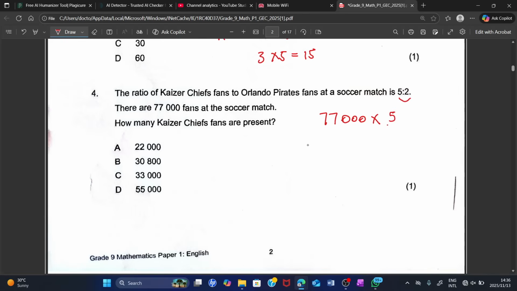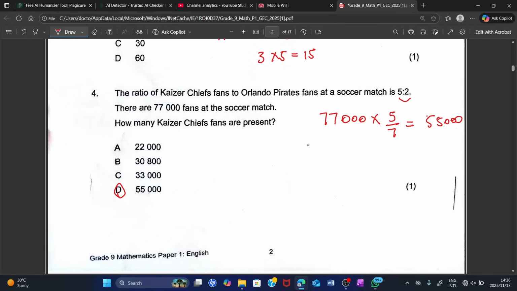And now when you press the calculator, it's going to give you 55,000. So that is D. So the answer for this one is D. I hope we are getting there. That is how you answer these questions.